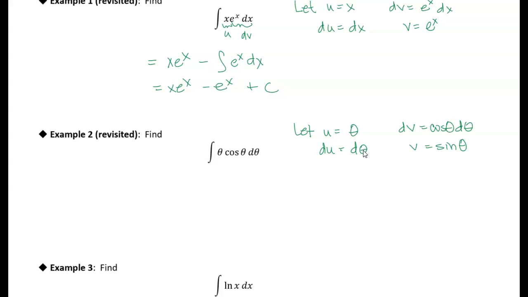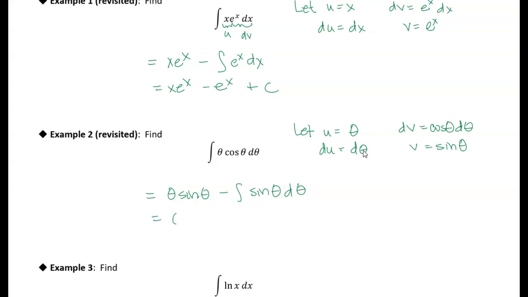So you can see one tip is that you want u to be something that's easy to differentiate, and you want your dv function to be something that's easy to integrate. That's one tip. Now let's plug it into the formula. We take u times v, which is theta sine of theta, minus the integral of v du, so that's sine of theta d theta.